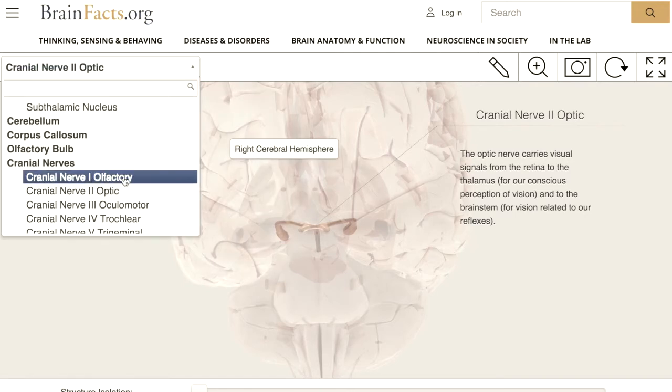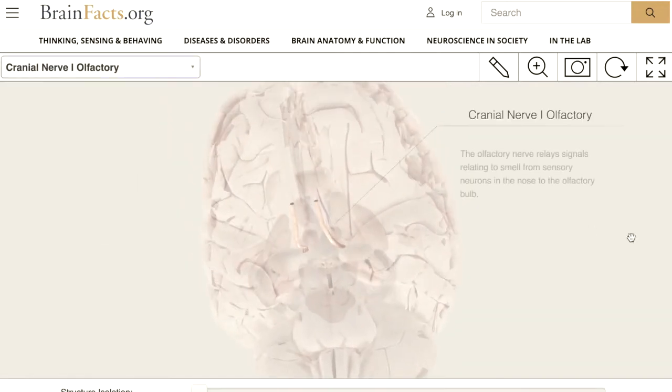And then the last one is the olfactory nerve, which connects, you'll see this in a second, to the olfactory bulb, which is actually the sensory organ for smell. You can see how that's right on the edge of that.